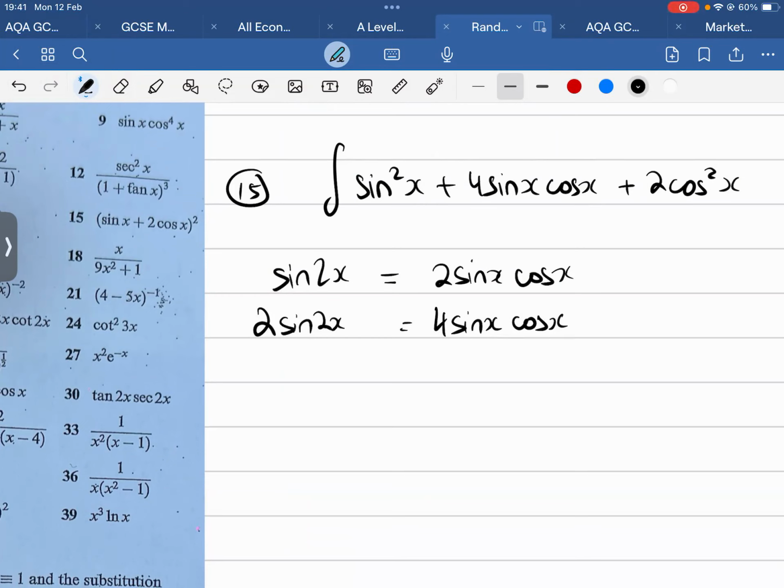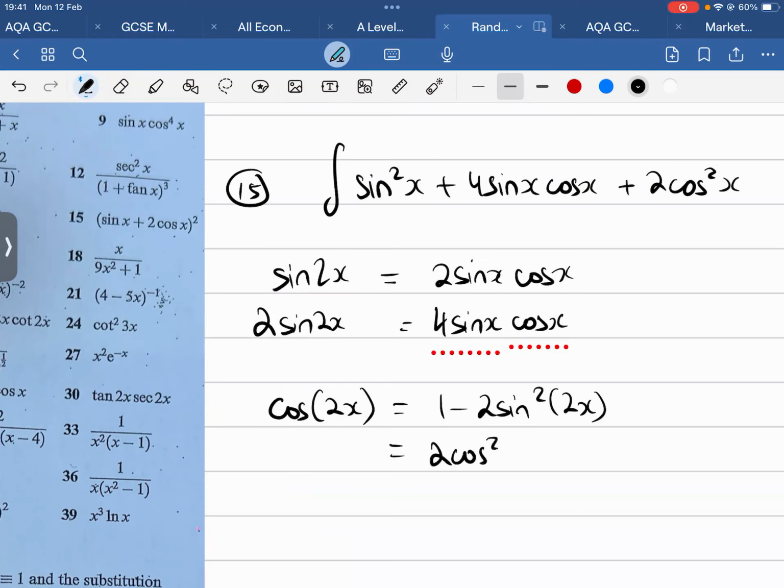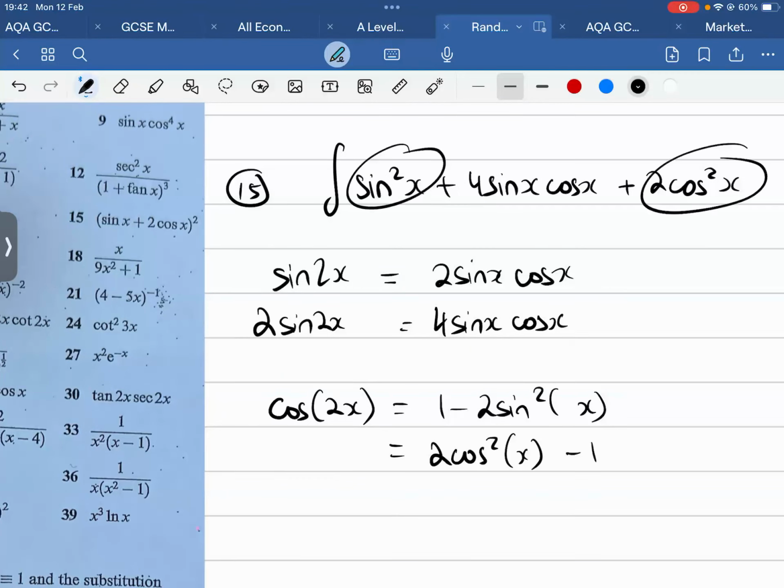Also, I know that cos 2x is equal to 1 minus 2 sine squared x, or 2 cos squared x minus 1. And I have to use that here and here.